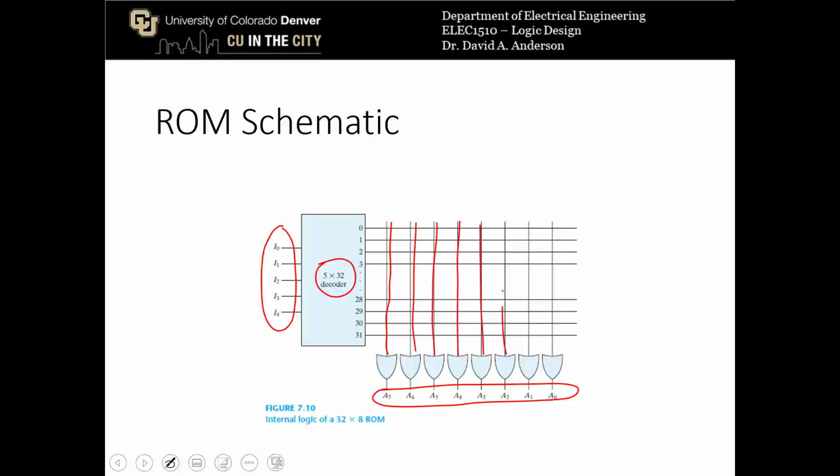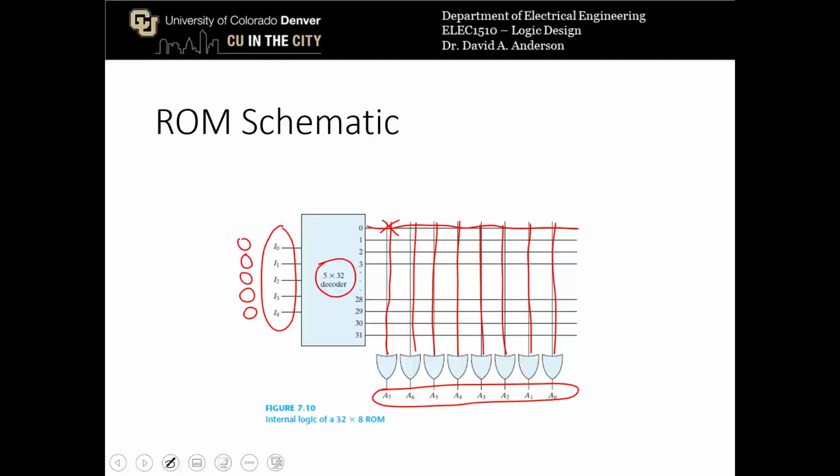Now let's say, for example, that I input address 0, 0, 0, 0, 0. Now this line is going to get driven high, which means any connection that's formed between the horizontal row for the address and the vertical columns for the outputs are going to be ones.